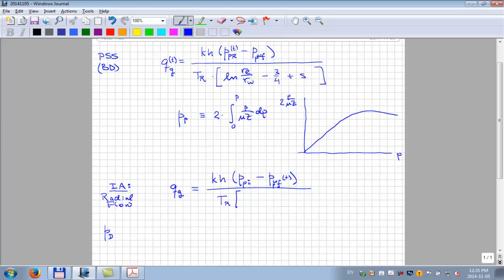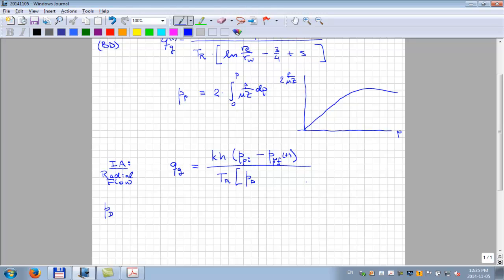And the dimensionless pressure instead of the log re/rw, plus s.